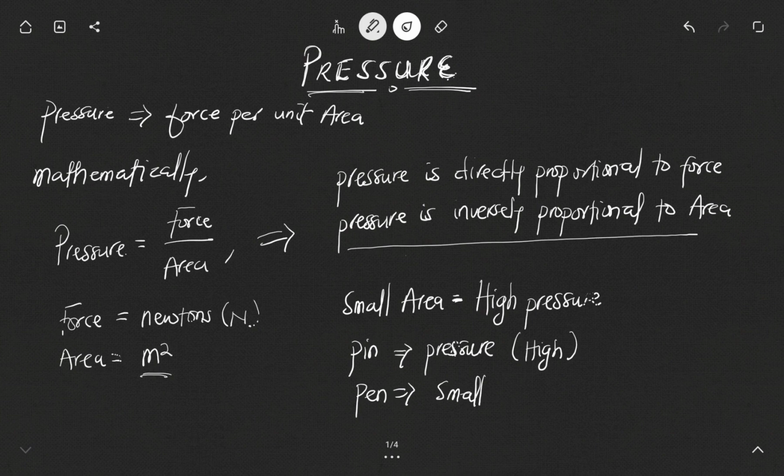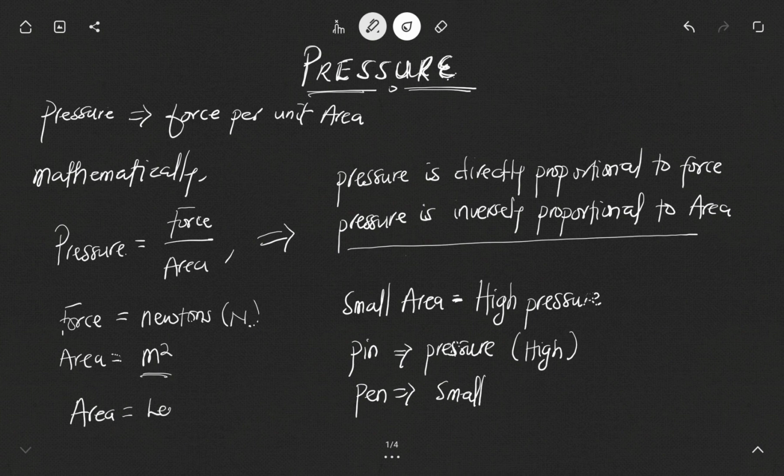So what it means is that if we have a very large area, that area will exert a very small pressure onto a particular surface. And if you have an object with a very small area, that small area will exert a very high pressure onto a particular platform.